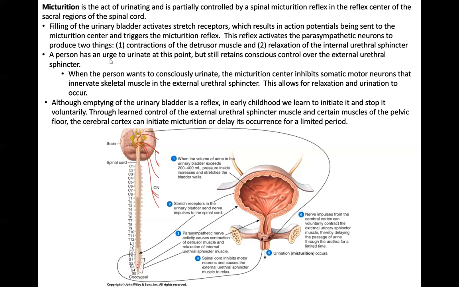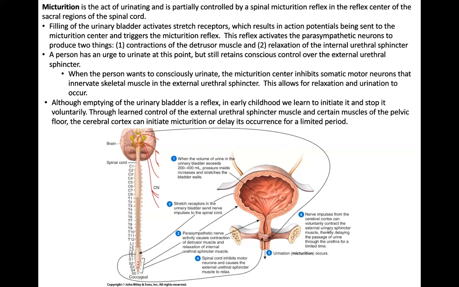At this point, a person would have the urge to urinate, but as long as they are of that age where they are potty trained, they still retain conscious control over the external urethral sphincter because of signals coming down from the brain, coming down from the cerebral cortex, which can voluntarily contract that external urethral sphincter, just like any other skeletal muscle.